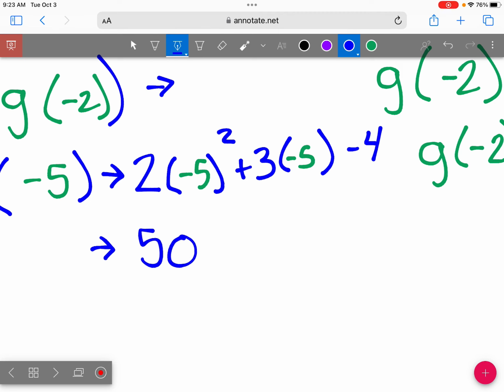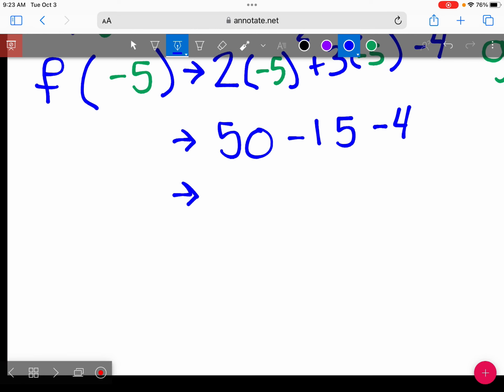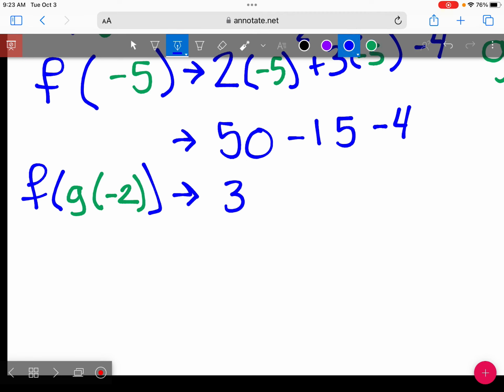Plus 3 times negative 5 is minus 15, minus 4. So what is our total for f of g of negative 2? 31.